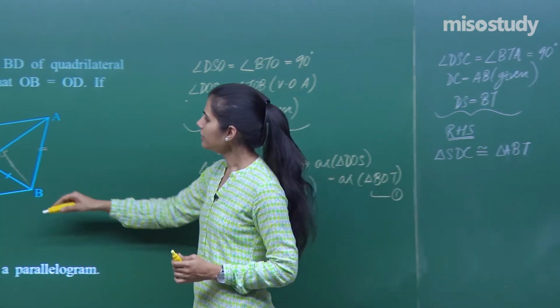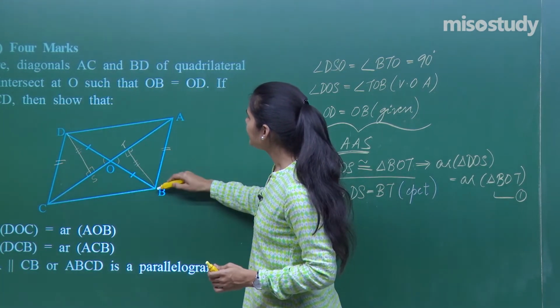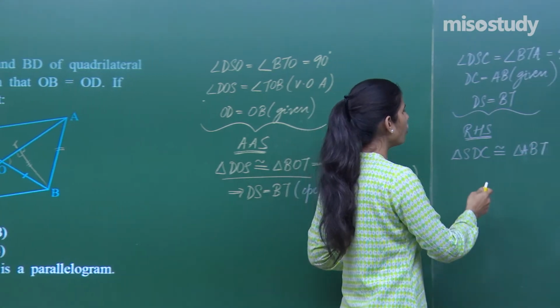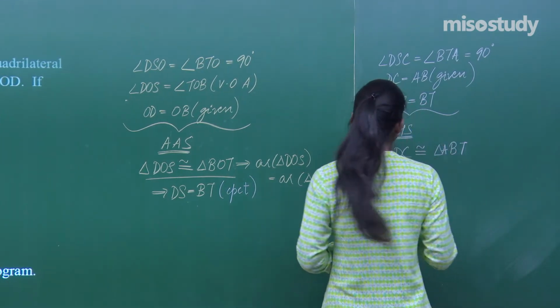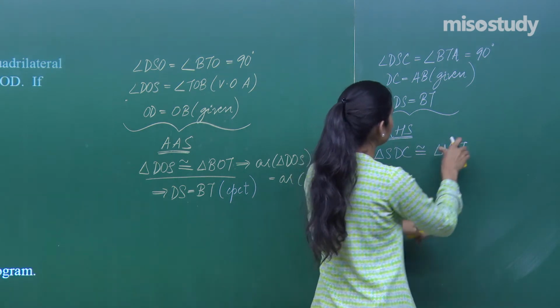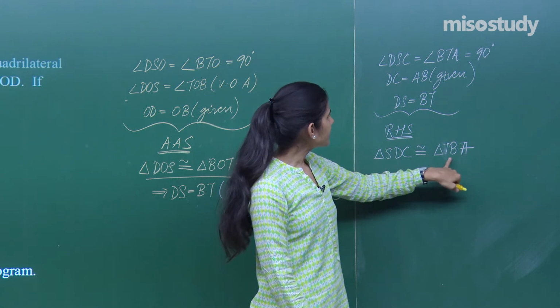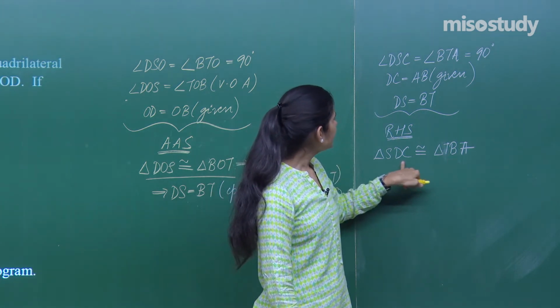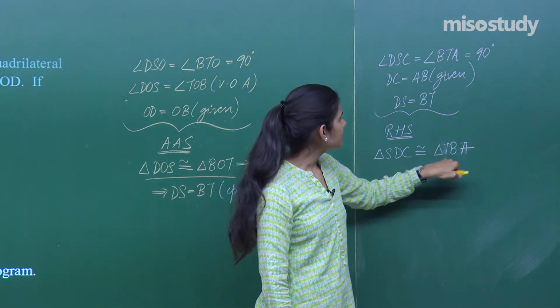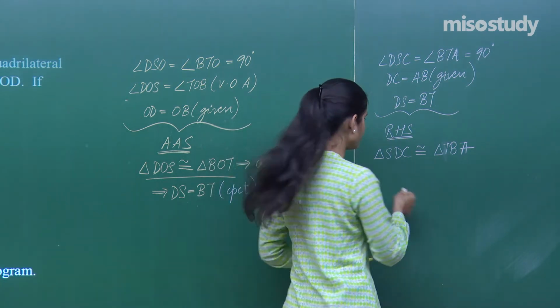I have triangle SDC congruent to triangle TBA or ABT, you can say. So from here I have SD is same as BT, DC is same as BA, and SC is same as TA, because corresponding parts are equal.